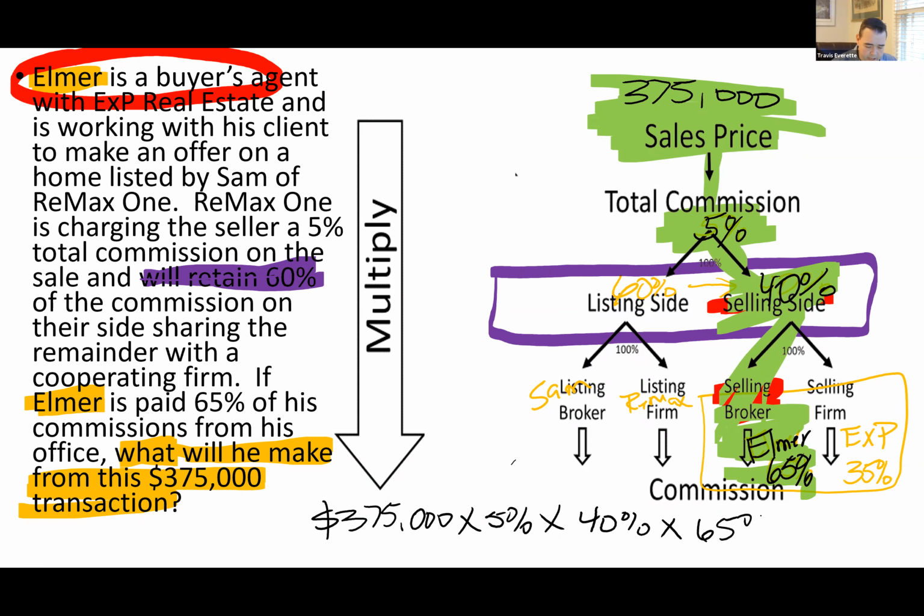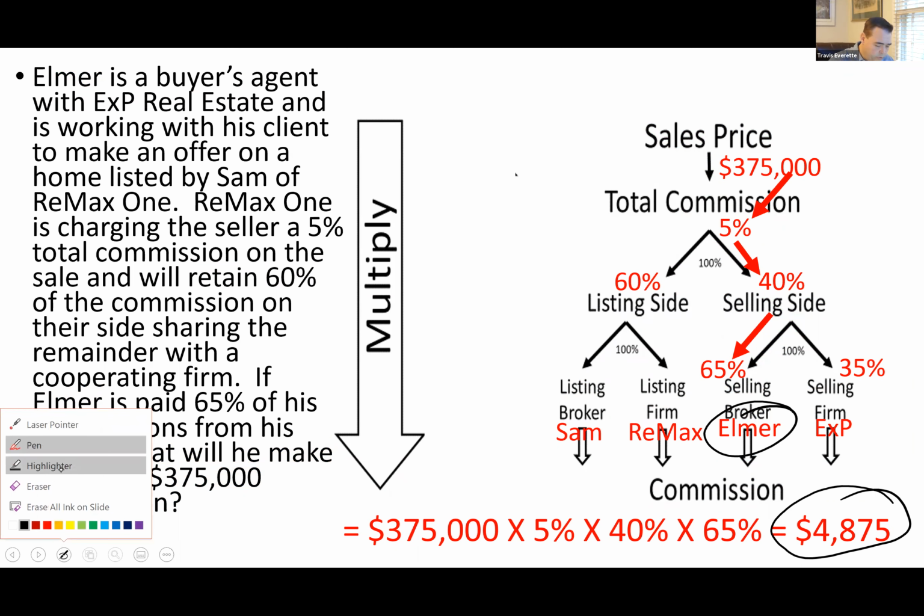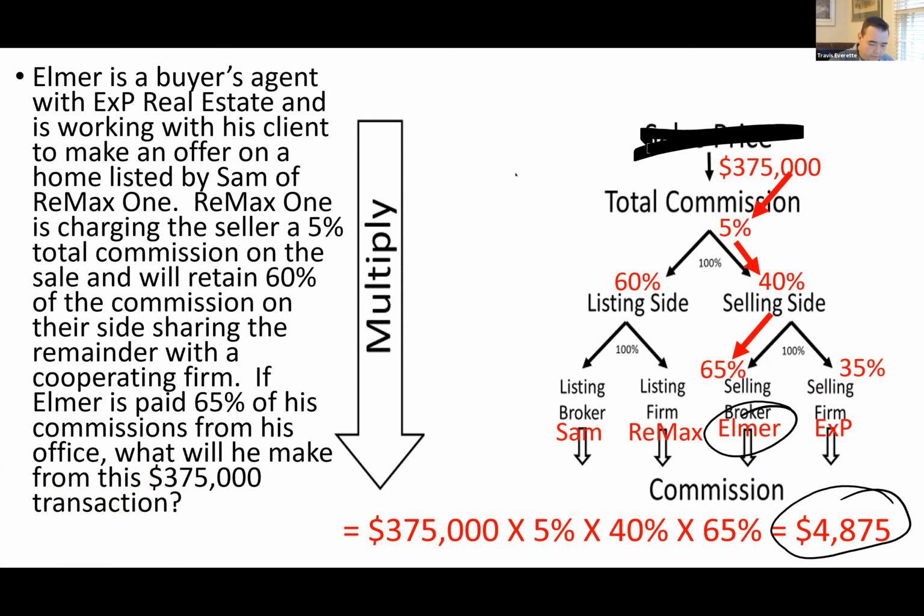Follow the path that we highlighted. Follow that green path. And if you do that math, you're going to end up with Elmer earning $4,875.